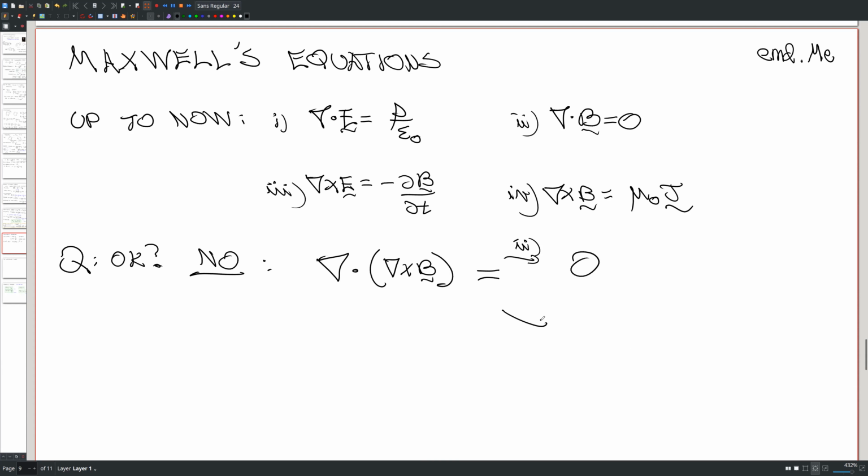But if I do this from the fourth equation, then that gives me mu 0 div J. But we know that div J is not equal to 0 by the continuity equation. We had that div J was equal to minus d rho dt by charge conservation.